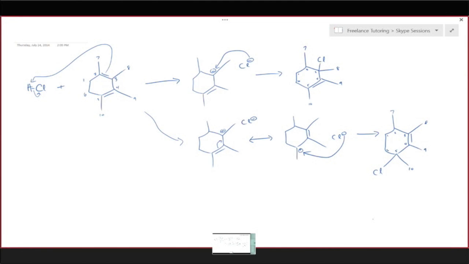When you think about it that way, you don't even have to get into the business about the rate determining step. You can just say, if you have to decide what type of carbocation to form, you want to form the one that's resonance stabilized, not the one that's not resonance stabilized. Just like if you had a choice, you would form the tertiary carbocation, not a secondary or a primary one.